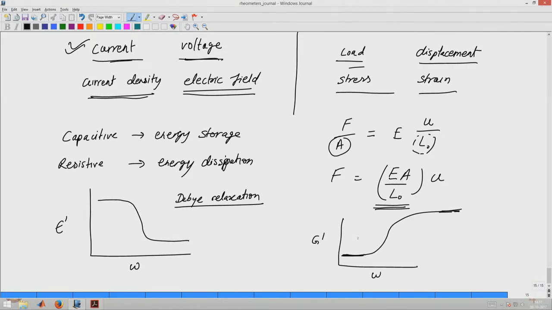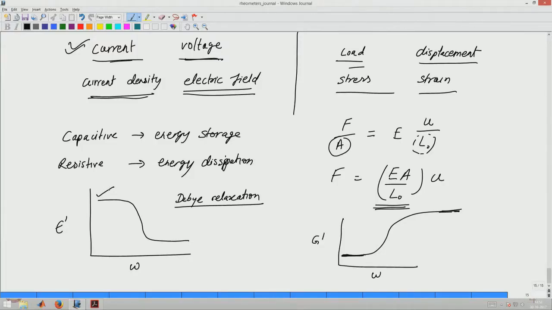Here also at very low frequency the segments can move, and therefore we get rubber elasticity and a very high amount of deformation is possible. At very high frequency, only with small deformation the material will break, but the modulus is very high because you require a lot more energy for small deformation. So, from rubber to elastic, similarly here, if I go here I have more flexible behavior, here I have more rigid behavior.